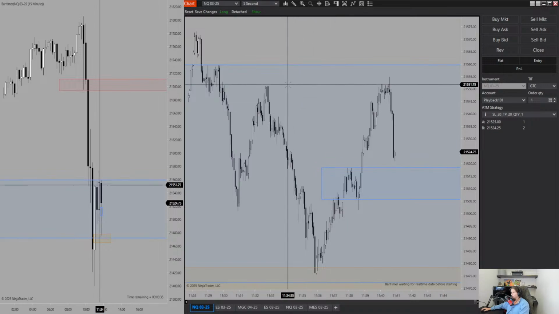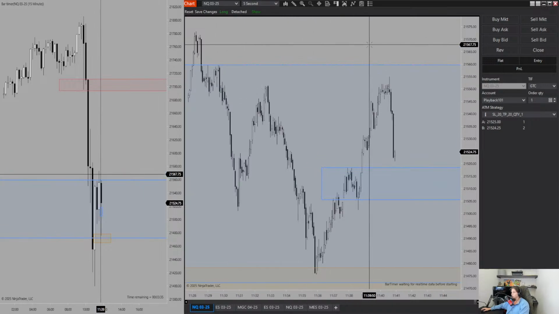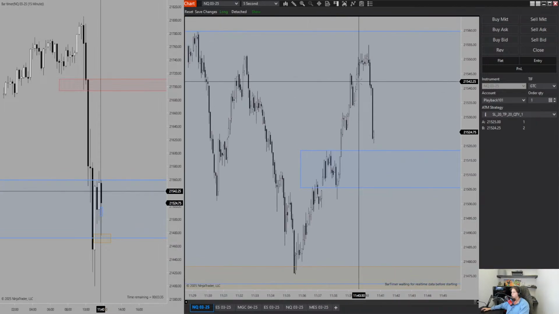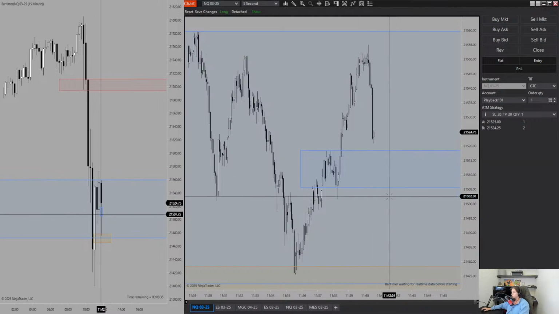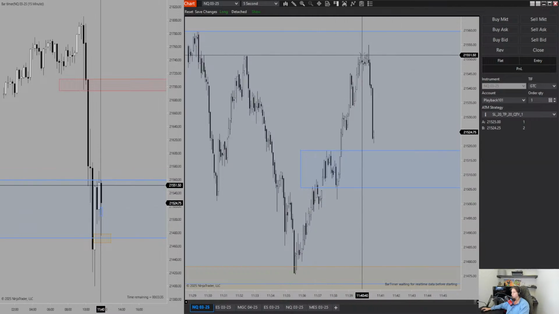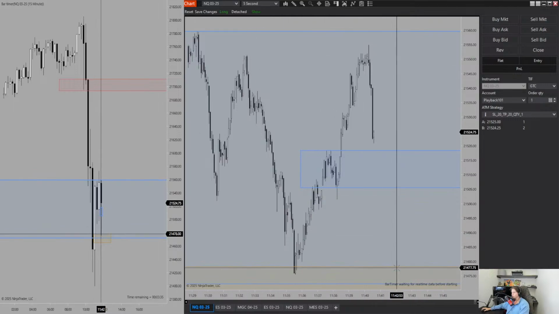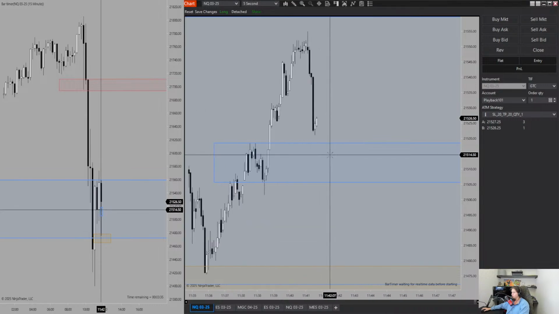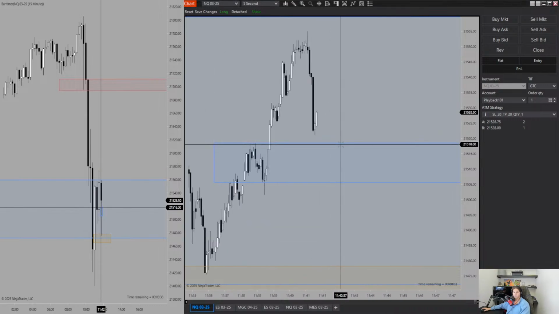Mainly because it looks like we just swept this liquidity to come up and mitigate this on a lower time frame. So because we didn't come back here beforehand, there's a possibility we could just run this down lower, take out this, take out that. So I'm gonna want extra confirmation here on this block.